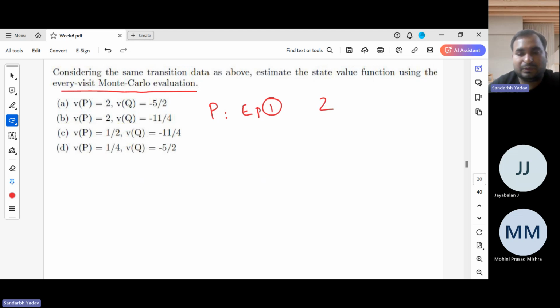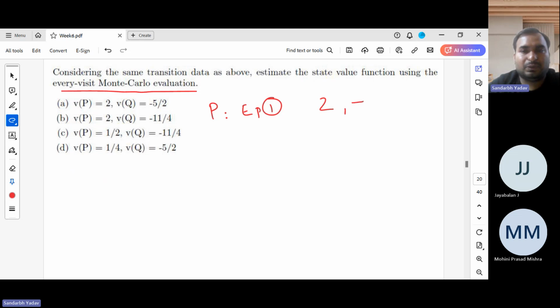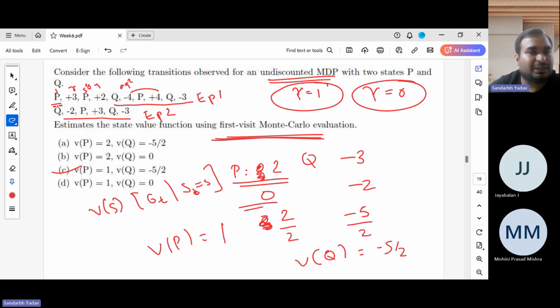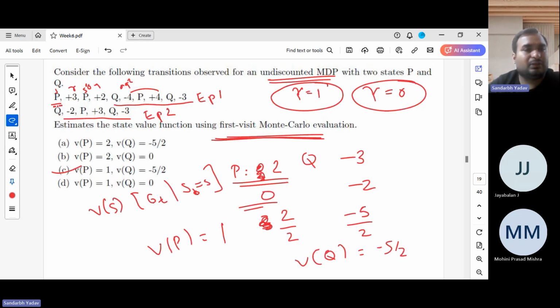So we got one value. For the second visit, we get -2, then +4, +2, +2 and -3. So -1, right? So we got -1. And the third visit: in every visit you have to count. After the third visit, we will get +4 -3, so it will be +1.